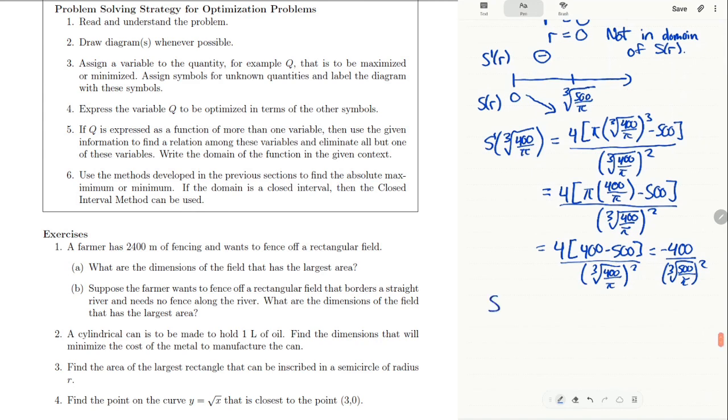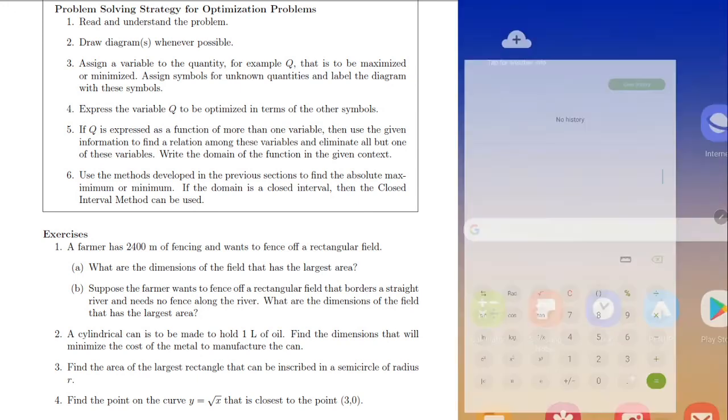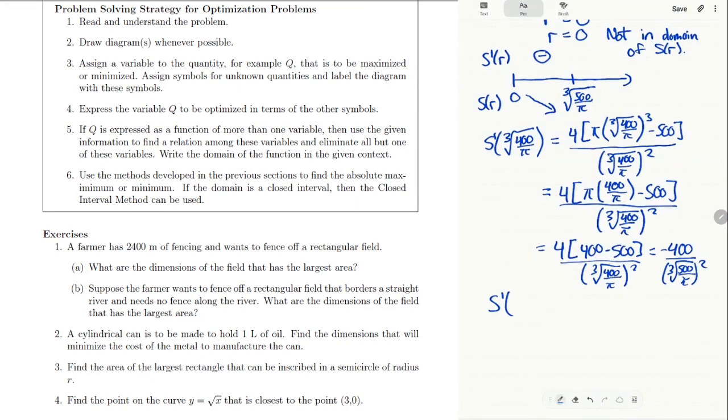Now let's test the first derivative for the sign of a number greater than the cube root of 500 over pi. For example, we can choose the cube root of 600 over pi. Substituting this into the first derivative, we get 4 times pi times the cube root of 600 over pi, cubed, minus 500, all over the cube root of 600 over pi, squared.